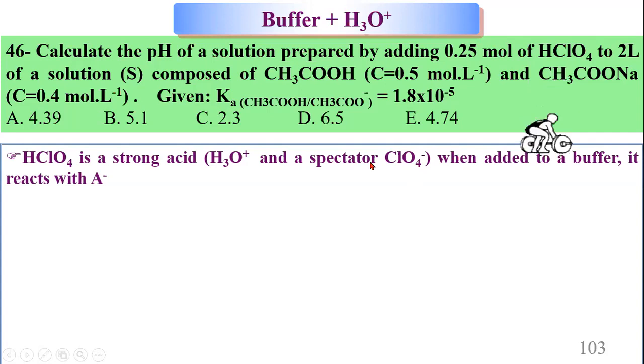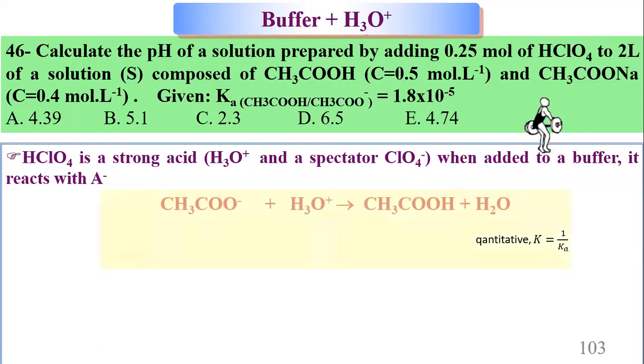And what happens when I add H3O+ to a solution that is a mixture of an acid and its conjugate base, a buffer? What happens if I add H3O+ to that buffer? Yes, anytime you see that mixture, think buffer.